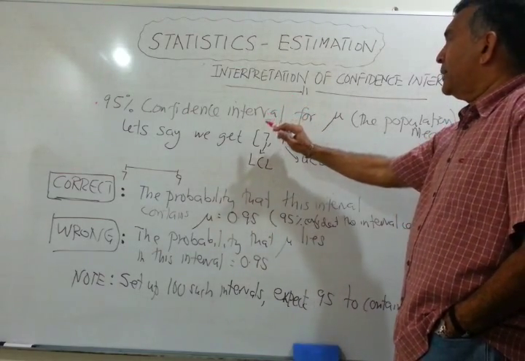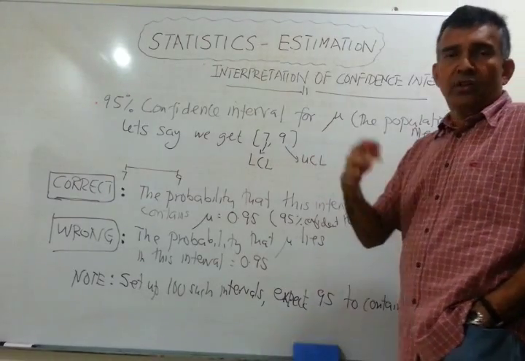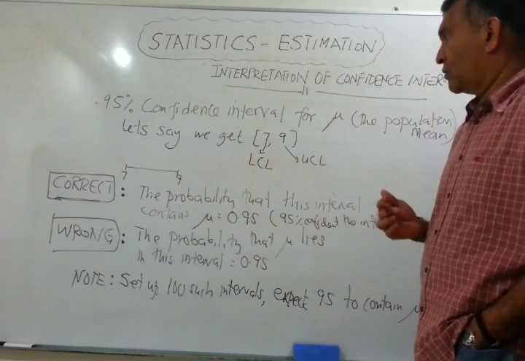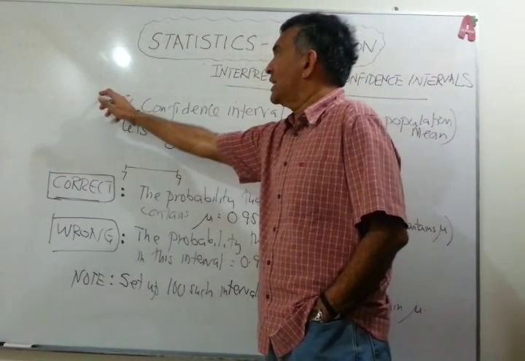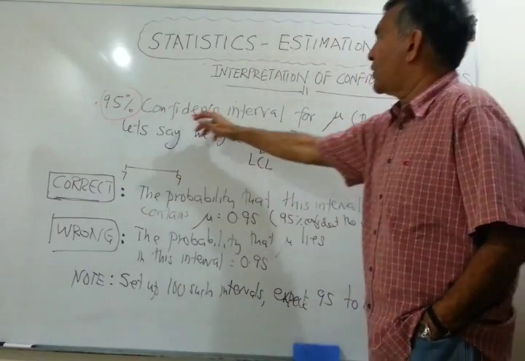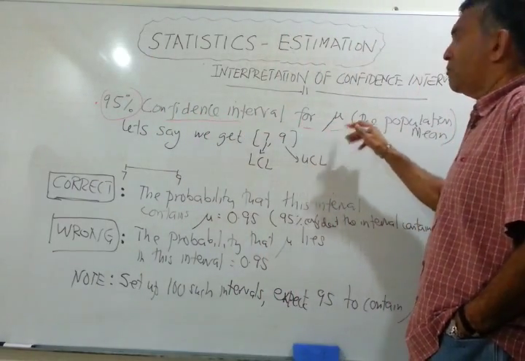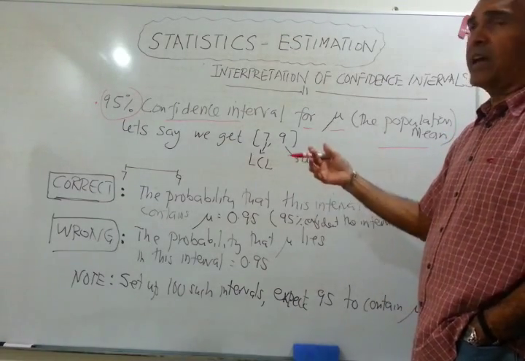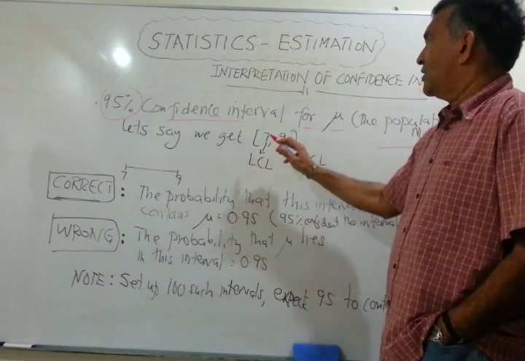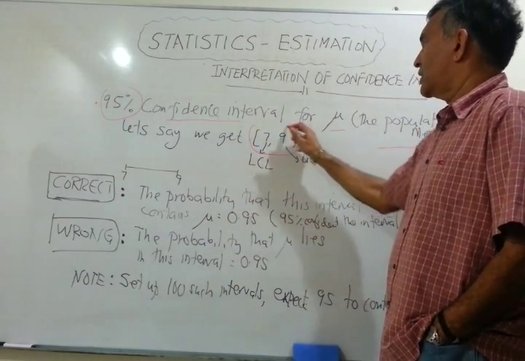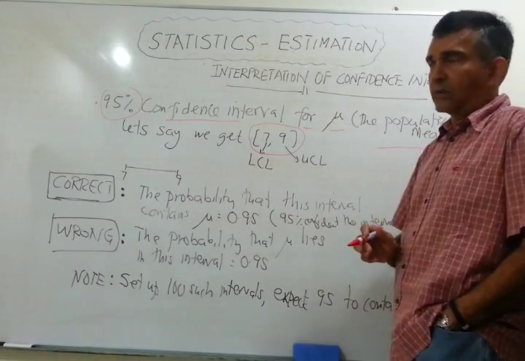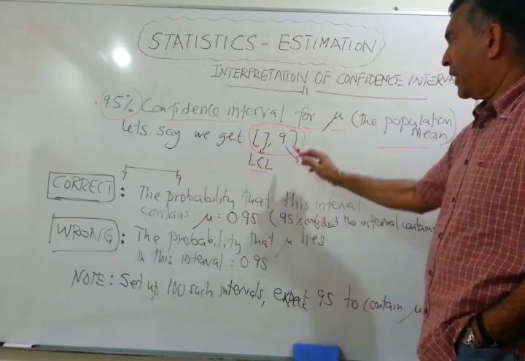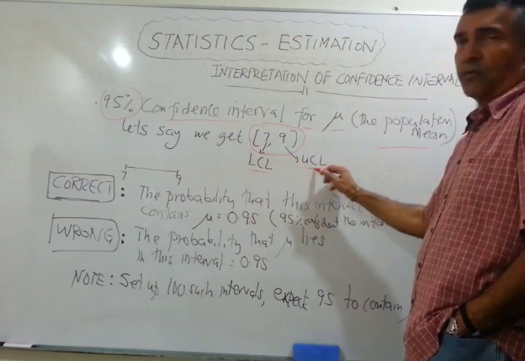Let's say we have done all the calculations and we have arrived at the confidence interval, and this is your 95% confidence interval. So 7 here is the lower confidence limit, and 9 here is the upper confidence limit.